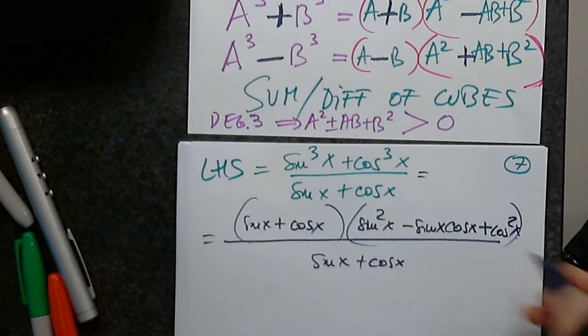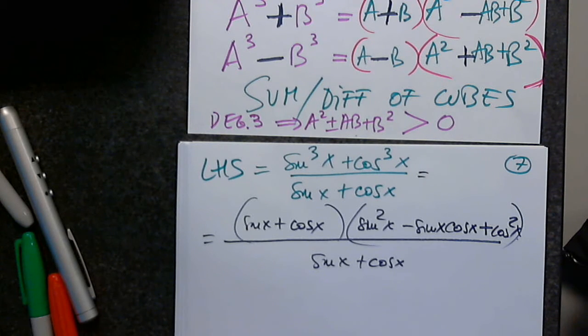Very good. Awesome. So we applied the sum of cubes, and we wrote the binomial as sine plus cosine, and the pattern follows the agreement that we have for 2 months and a half. So the first term squared minus, without the 2, AB plus the second term squared.